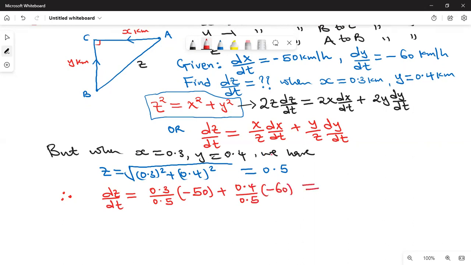So we need to press this in our calculator. When you work it out, you need to get dz/dt is equal to negative 78. So the result is negative 78.